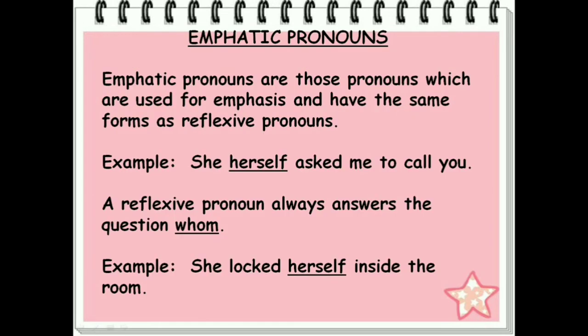Next one, emphatic pronouns. Emphatic pronouns are those pronouns which are used for emphasis and have the same forms as reflexive pronouns. She herself asked me to call you.